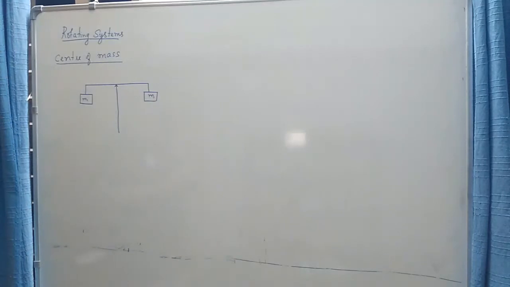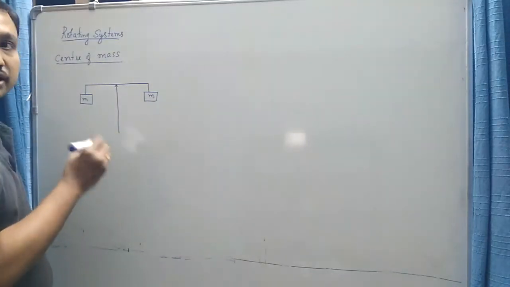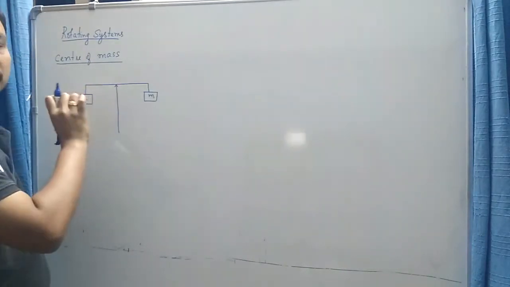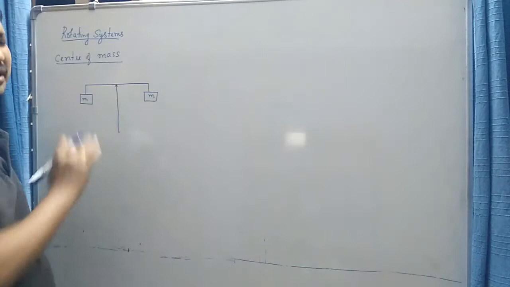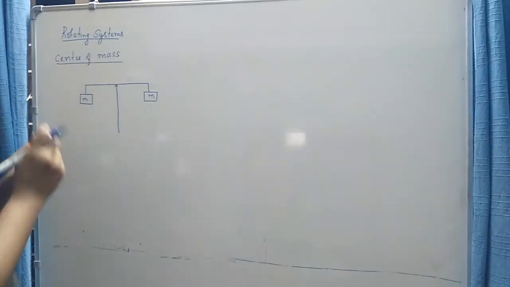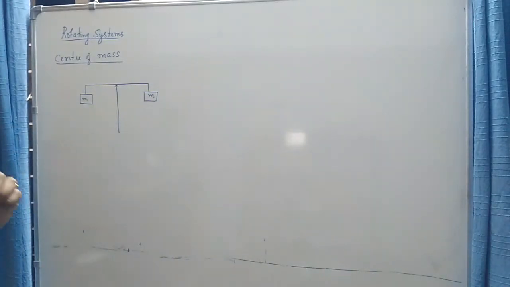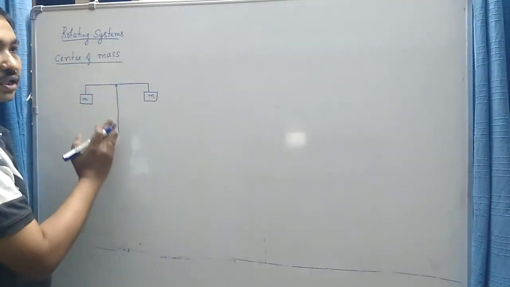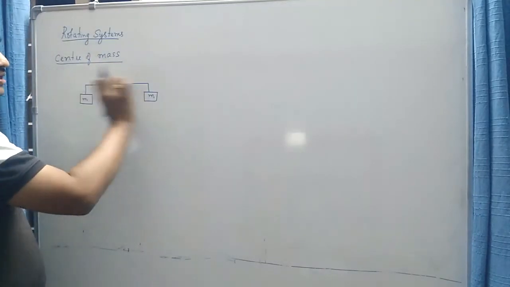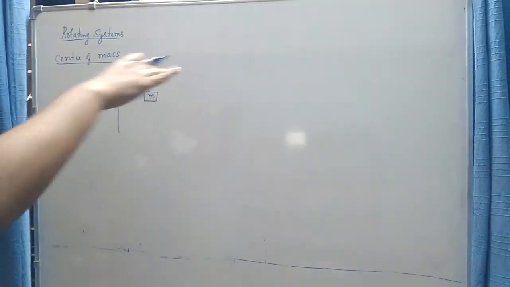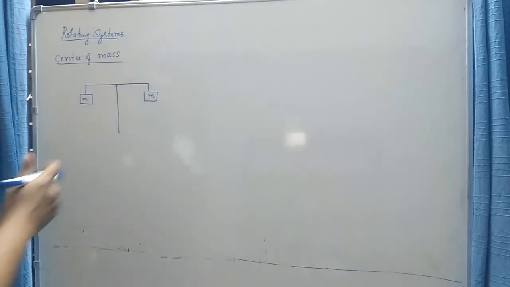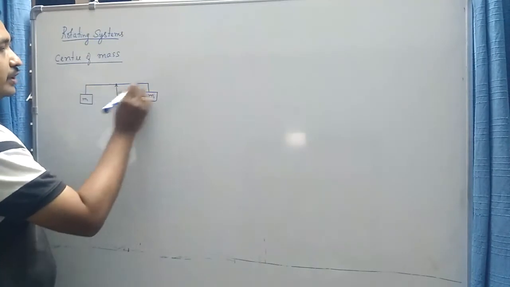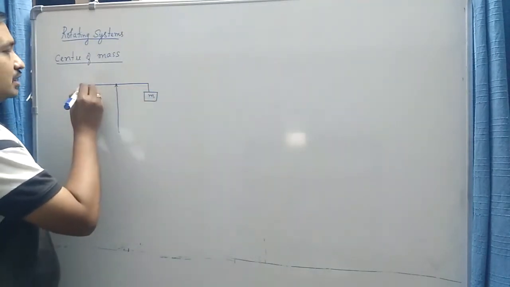You know where exactly you have to place the vertical bar so that the horizontal bar remains horizontal. There is a balancing point somewhere here, such that if I keep the vertical bar at that point, the system will remain balanced. Without doubt, that point is the midpoint, the exact center of the metal bar.